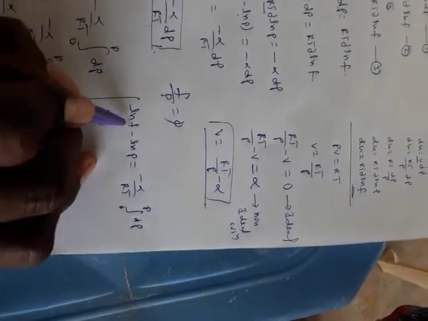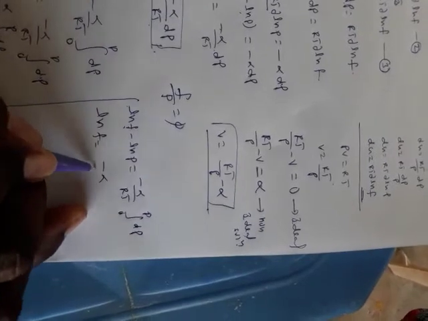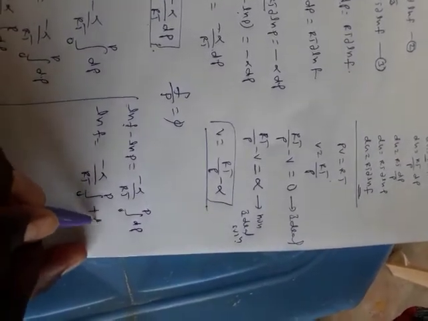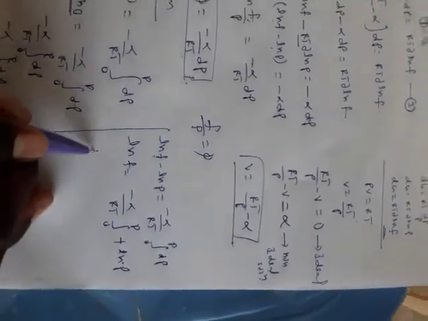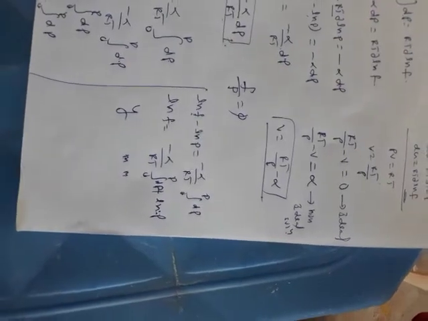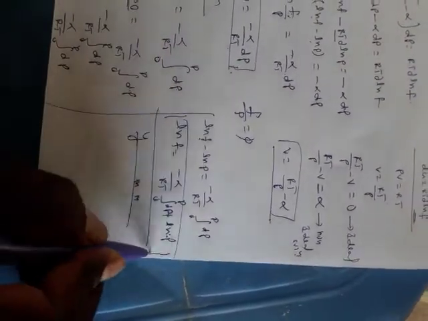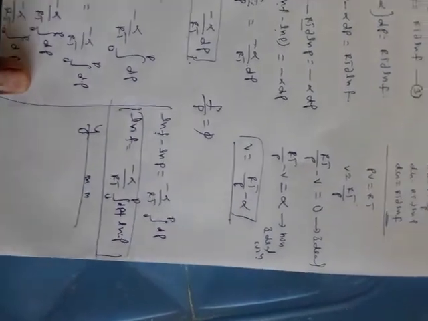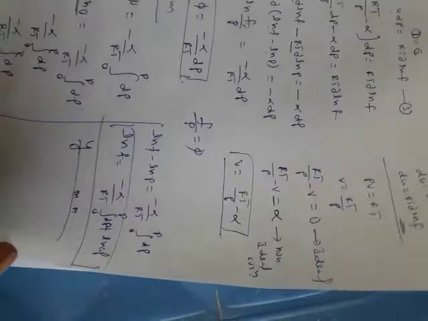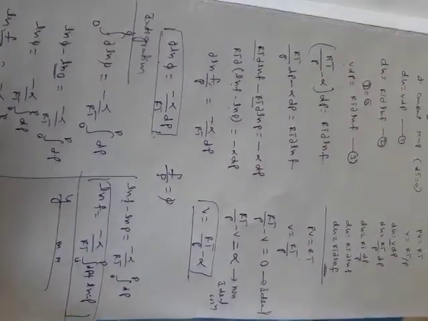And we want fugacity, so ln F is equal to minus alpha by RT integral 0 to P of dP plus ln P. Okay, this is the determination of fugacity. This derivation is very important, also for a 6 marks question.